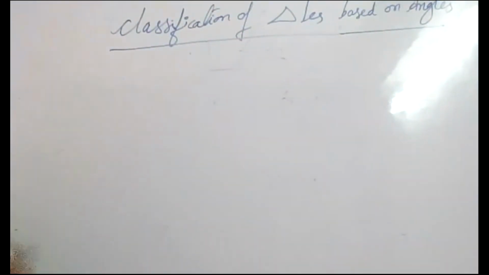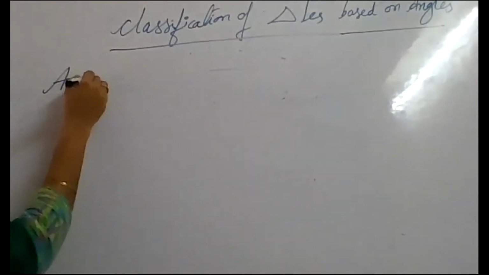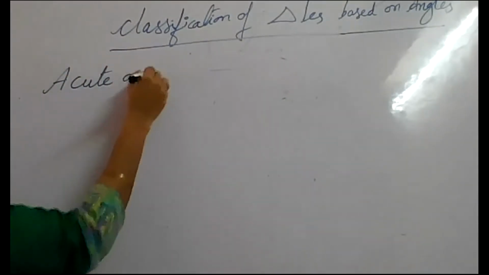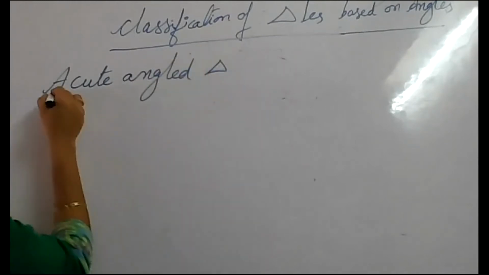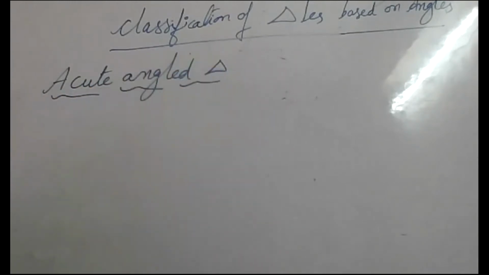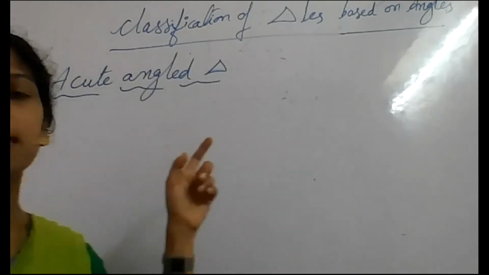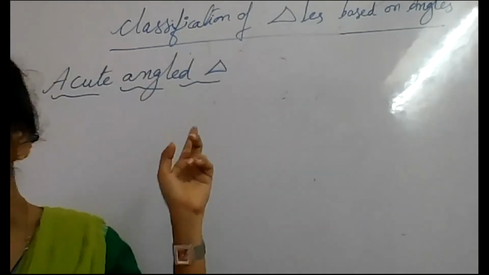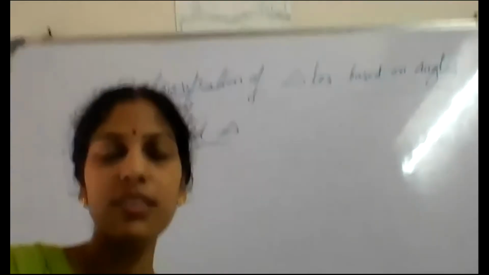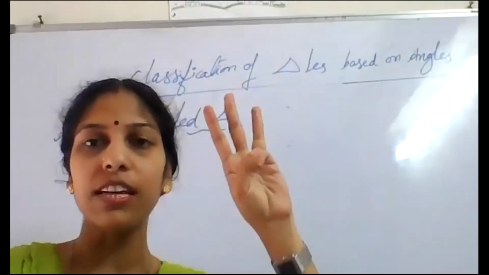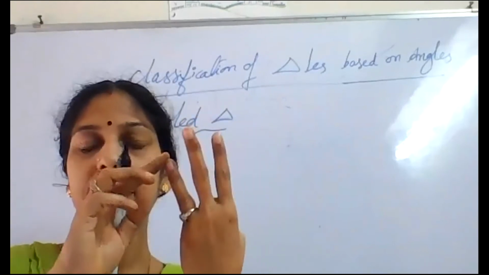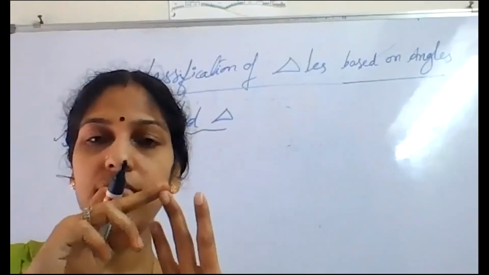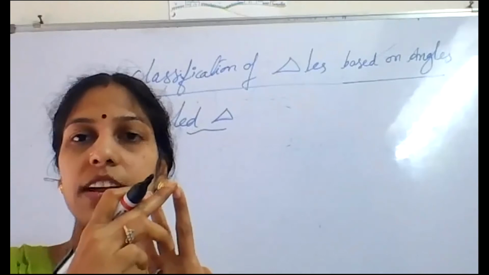Now see here, first one is acute angled triangle. Before, based on sides, it was categorized into three: scalene, then isosceles, then equilateral.